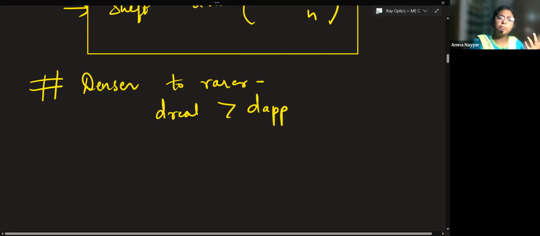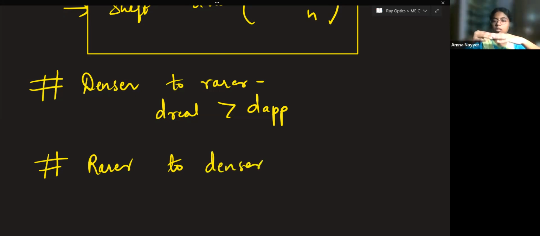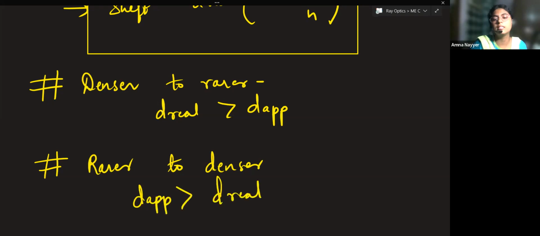But if the object is kept in air, or any medium which is rarer, so the light rays travel from rarer to denser, and you are observing from the denser medium, you will see the object is not shallower now. The object is at a greater depth. Object was there at a certain distance from the surface, but you will see it at a greater depth. In that case your apparent depth becomes greater than real depth.